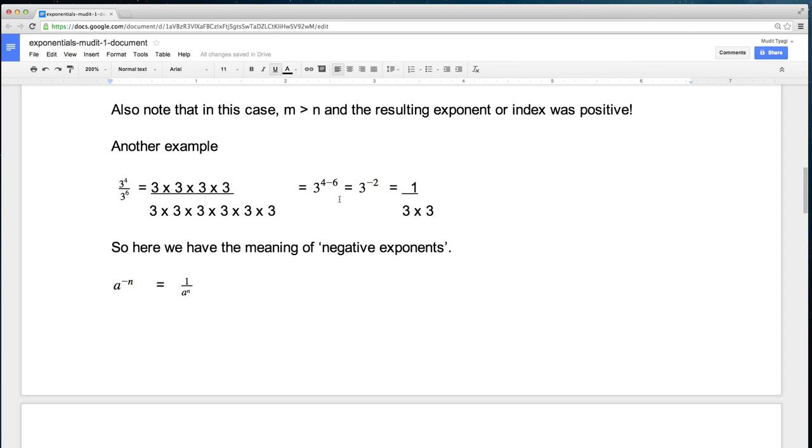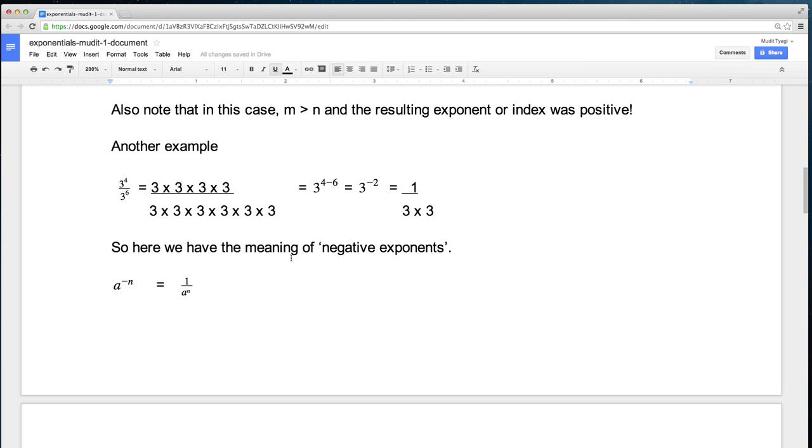And if we follow the rule, a to the m over a to the n is equal to a to the m minus n, then we see that we've got 3 to the 4 minus 6, which is equal to 3 to the minus 2. And we can see by looking at the expansion of 3 to the 4 and the expansion of 3 to the 6 that this is also equal to 1 over 3 times 3.